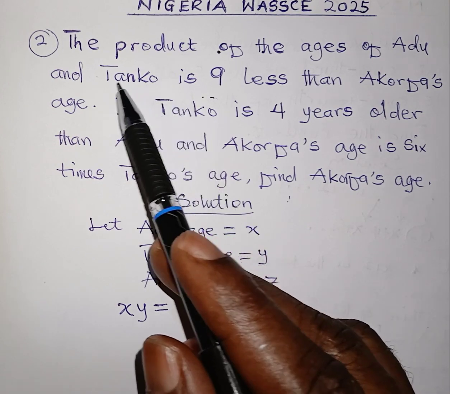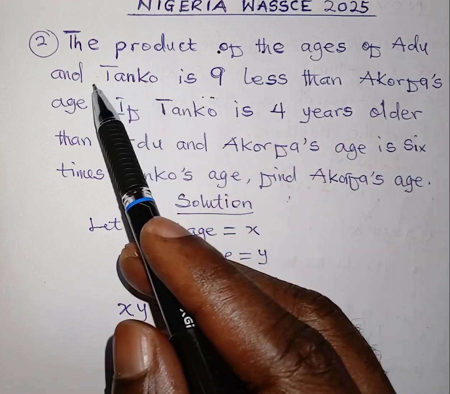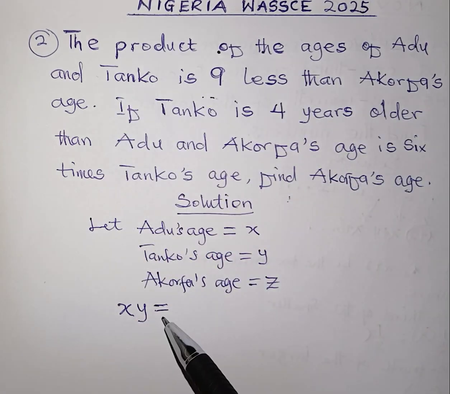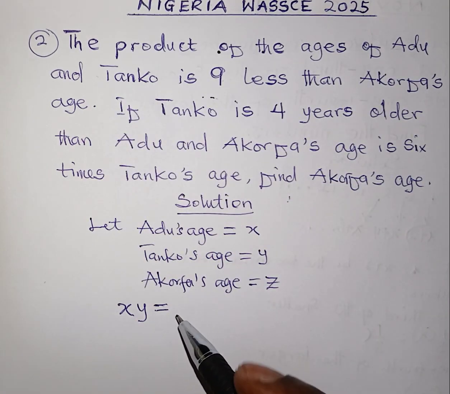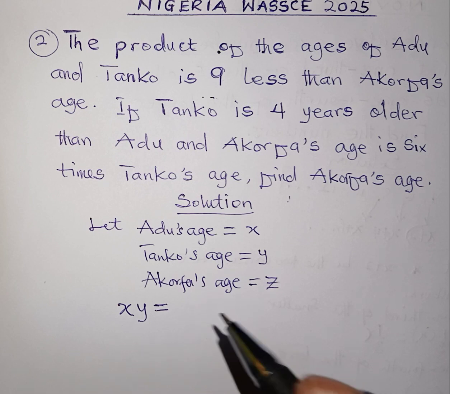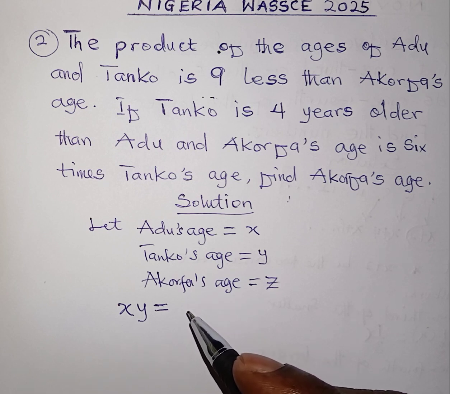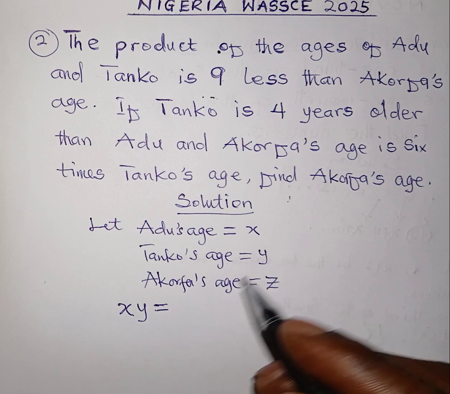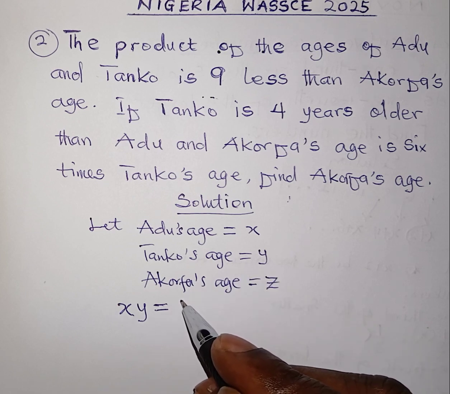The product of Edu and Tanko's ages is equal to 9 less than Akofe's age. What is Akofe's age?